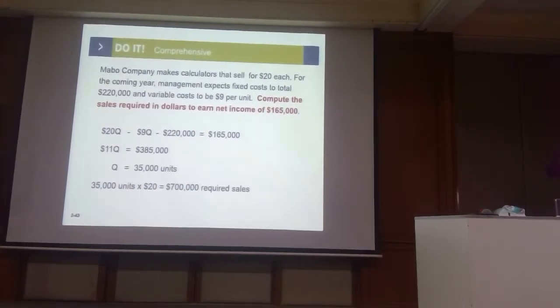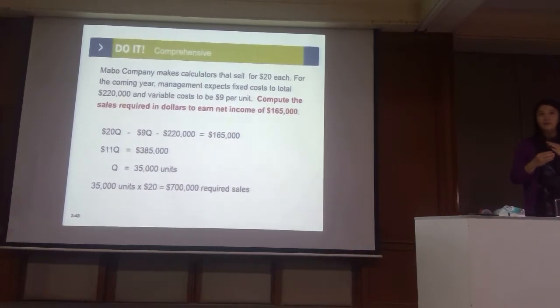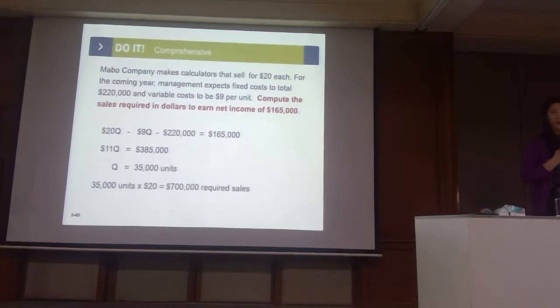So we set the target net profit, and then we try to find how many units we have to sell in order to earn our target, okay? And finally, we learned about margin of safety. Margin of safety tells you how far your sales can drop before your company experiences a loss, okay? If you have a high margin of safety, it means that your company is quite safe. So this is the main thing that we learned today, okay?